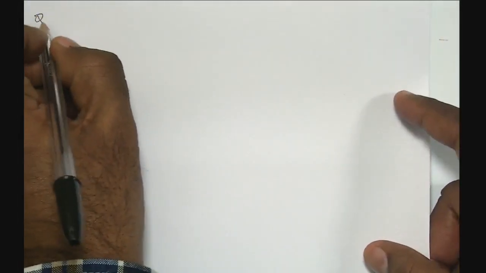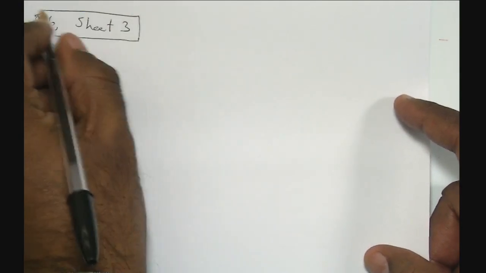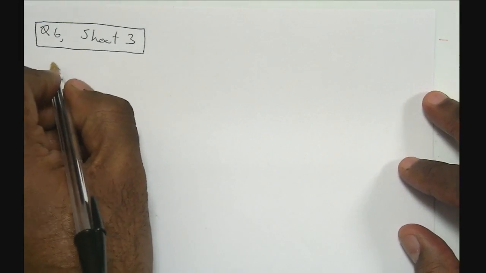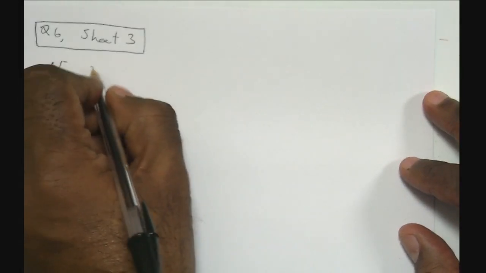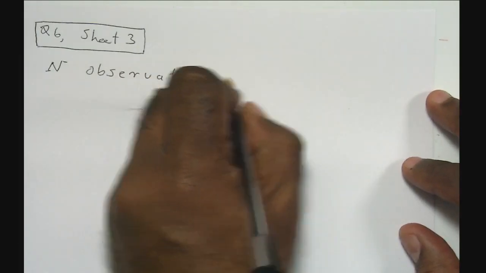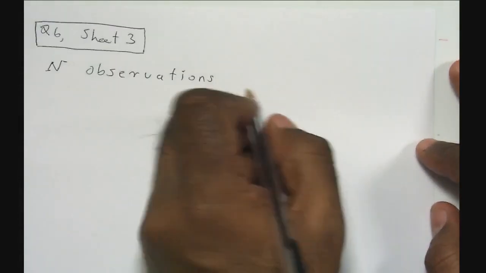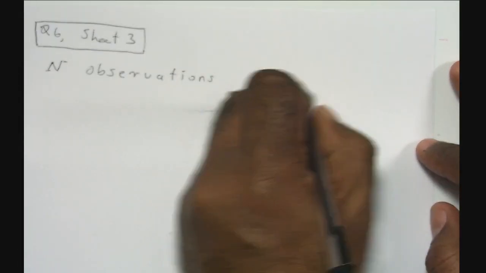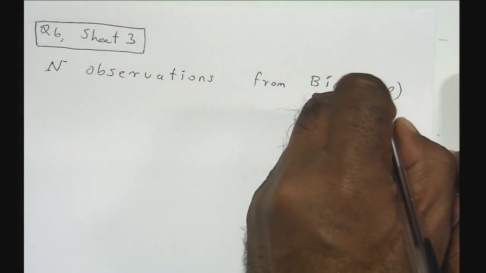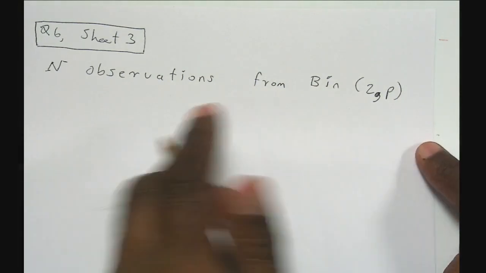Question 6, which is a tricky question, really. I think several had problems with this question. This is where you have capital N observations from a binomial distribution with these parameters 2 and p.